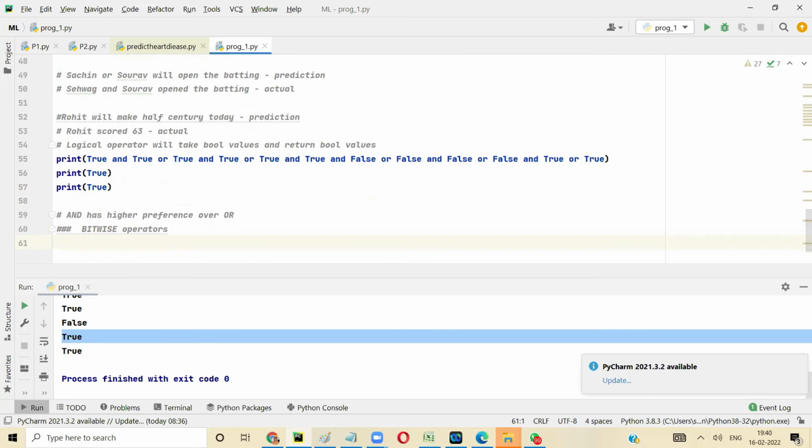Only when you convert into binary can you perform these operators, not before that. First you have to convert it into bits, that means machine level language, into a binary number. Only then can you perform these operations.